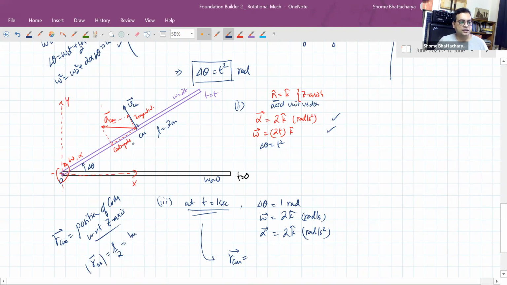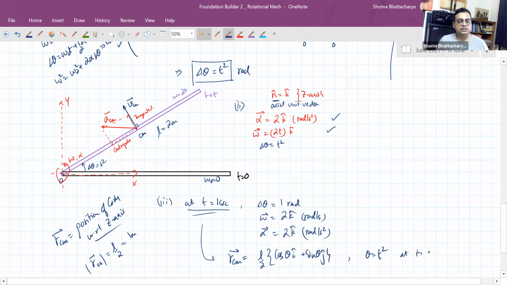But now at any time t, theta is equal to t square. So the position vector will have a cos theta i cap component. It will be L by 2 into cos theta i cap plus sin theta j cap, where theta is nothing but the angular displacement, which is t square.